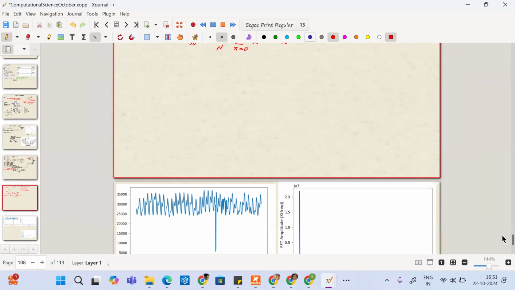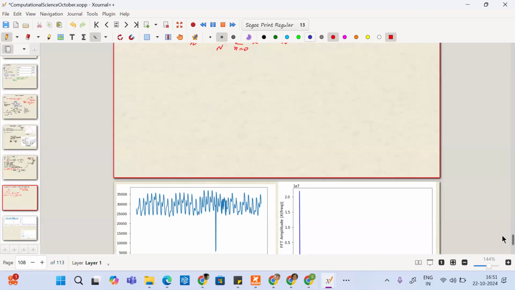Let me see which part I have to teach here. So FFT, what does FFT do? FFT is actually computing DFT only. FFT, fast Fourier transform, actually computes DFT only.